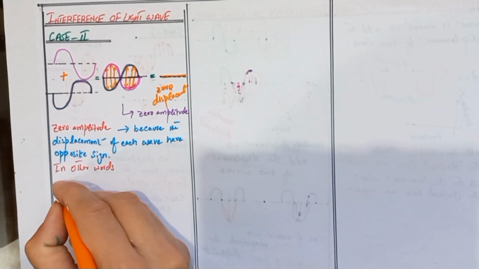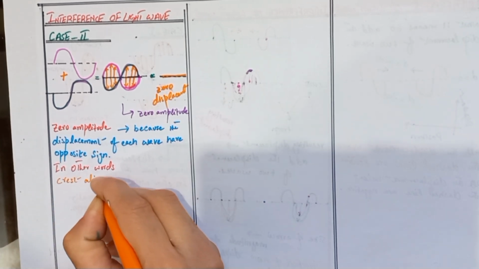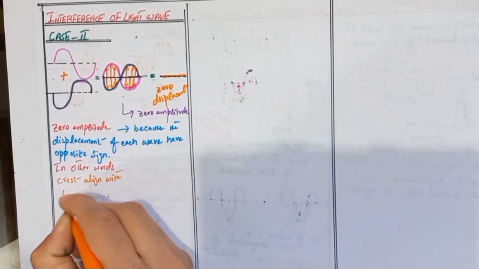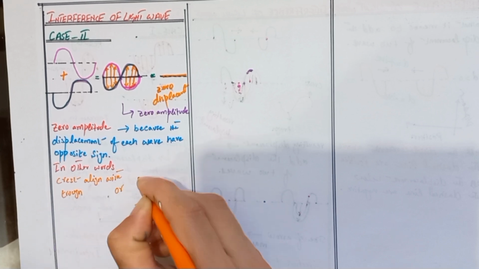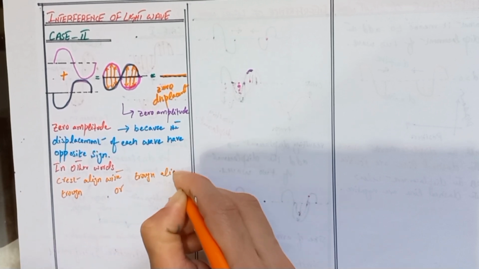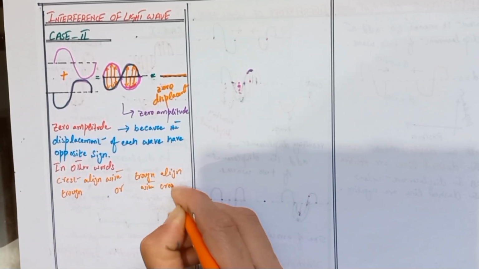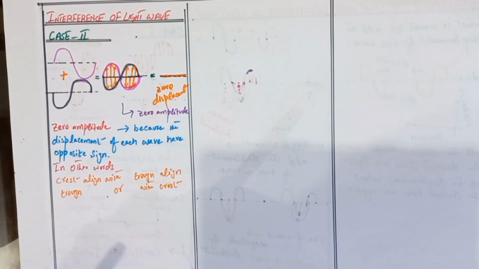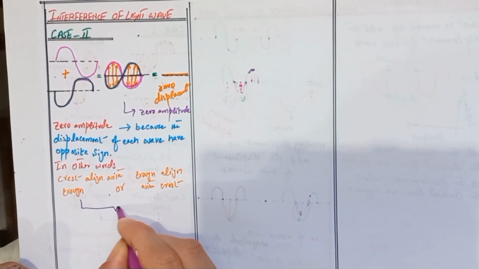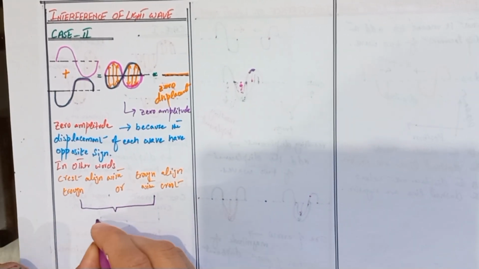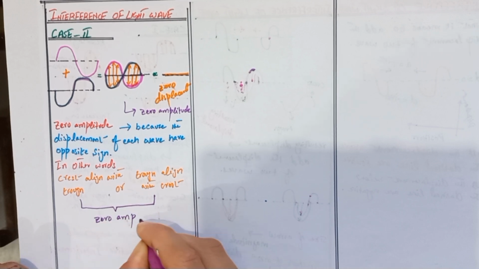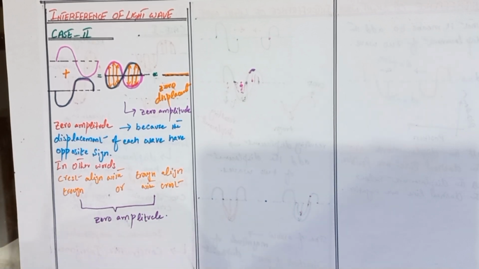In other words, when crest aligns with trough or trough aligns with crest, in the resultant we get zero amplitude.